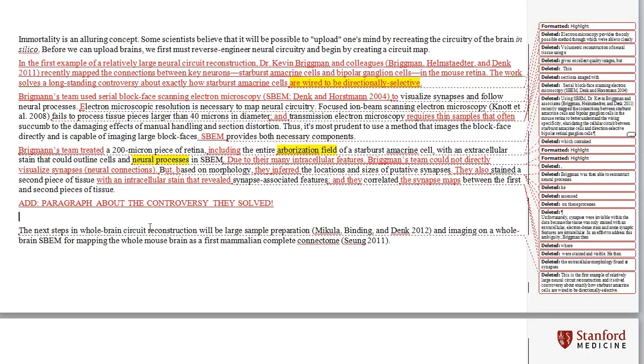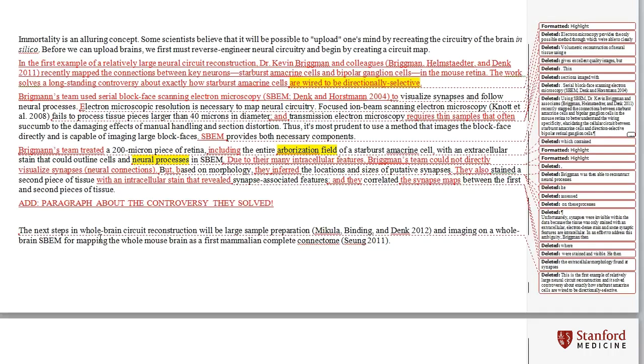So notice that the last sentence is a little bit academic because we're getting a lot of nouns like reconstruction, preparation, imaging, mapping. Those are all nouns that could be verbs. So I thought we could streamline this a little bit by turning some of those nouns back into verbs.